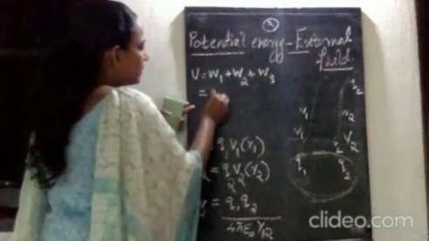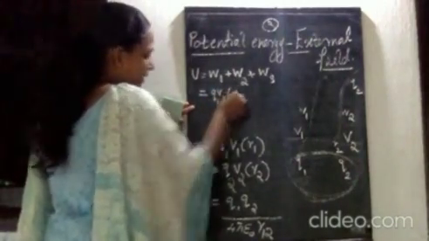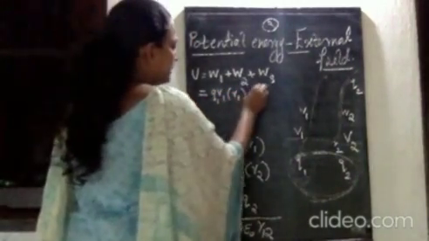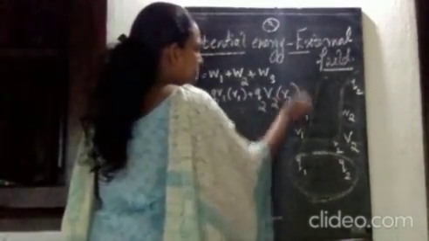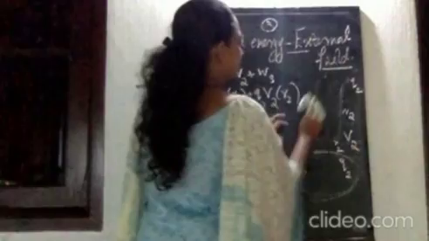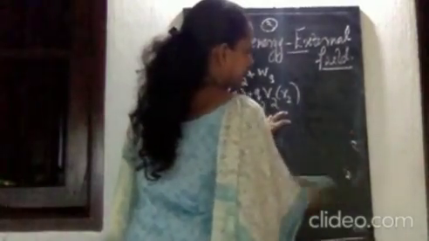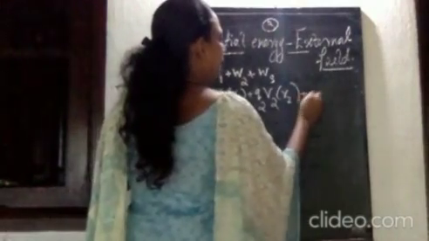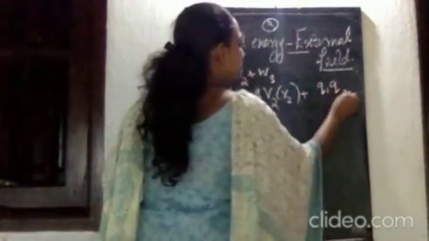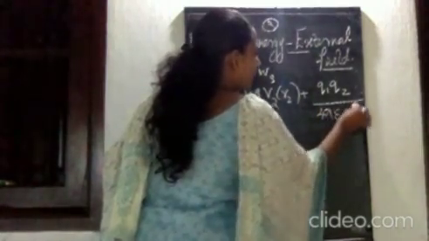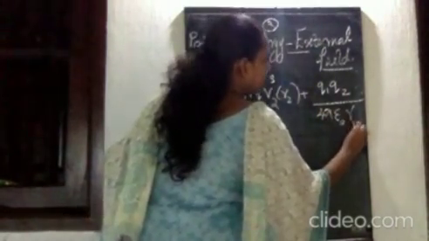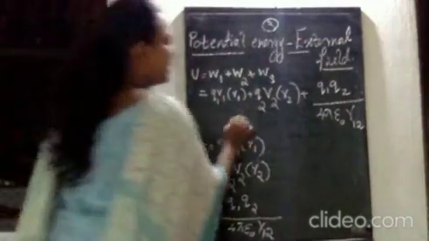W1 is Q1 V1 of R1, plus Q2 V2 of R2, plus Q1 Q2 divided by 4 pi epsilon 0 R12 itself. So this is the expression.